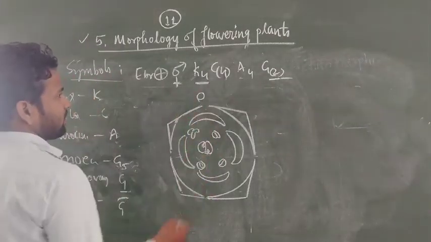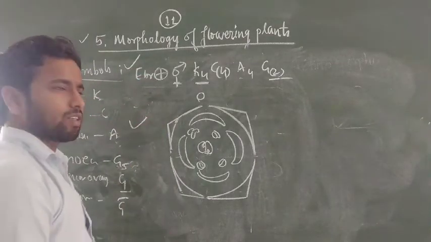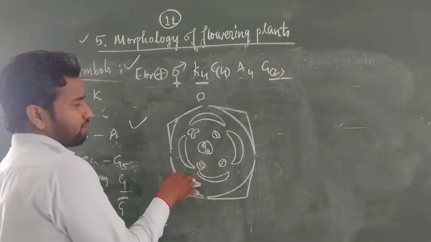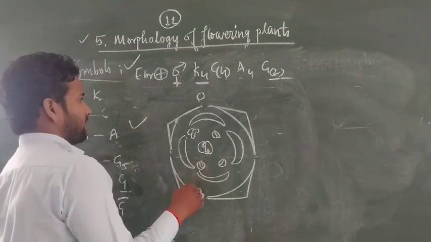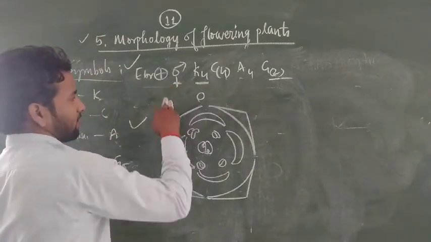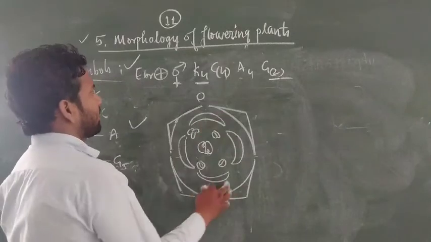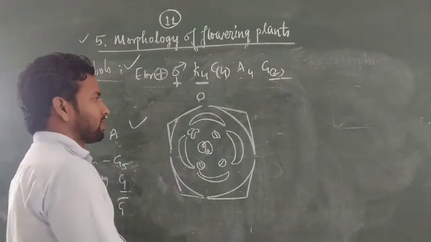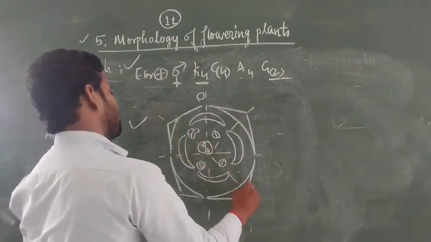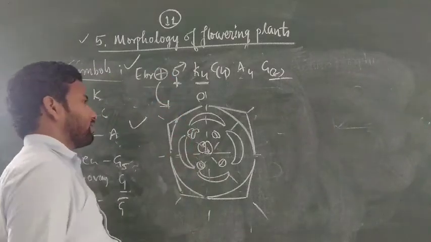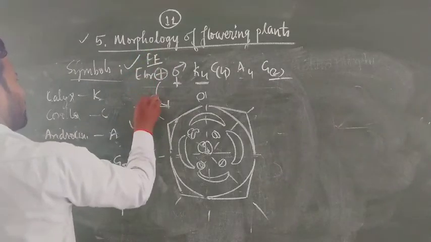The flower is actinomorphic. Here the floral formula and floral diagram show slight differences. Conditions like actinomorphy and zygomorphy are not shown in the floral diagram, and superior and inferior ovary conditions are not shown in the floral diagram either, but you can see them in the floral formula. So this one is a floral formula and this is a floral diagram.